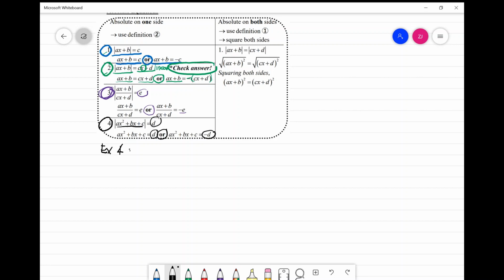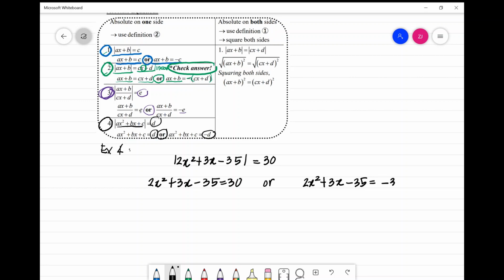If we have absolute of 2x squared plus 3x minus 35 equals 30, how to solve this absolute equation? We split into two: 2x squared plus 3x minus 35 equals 30, or 2x squared plus 3x minus 35 equals negative 30.